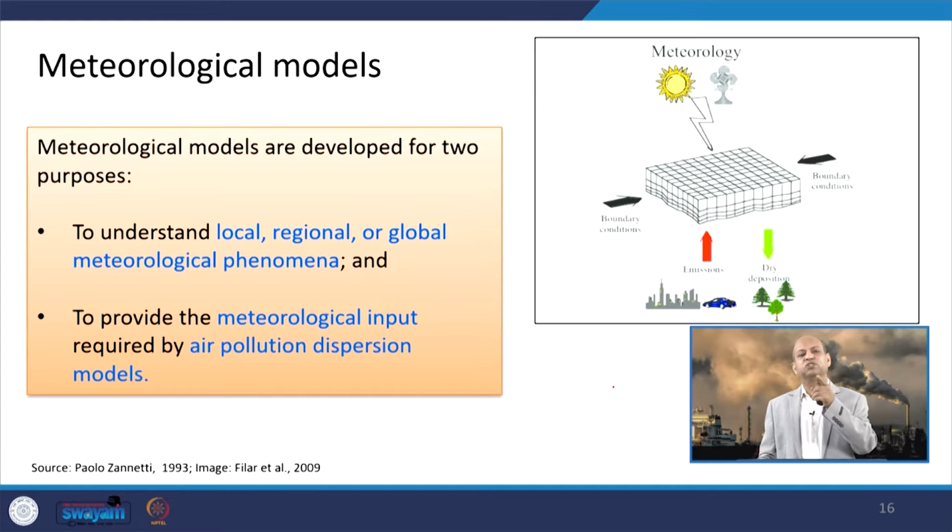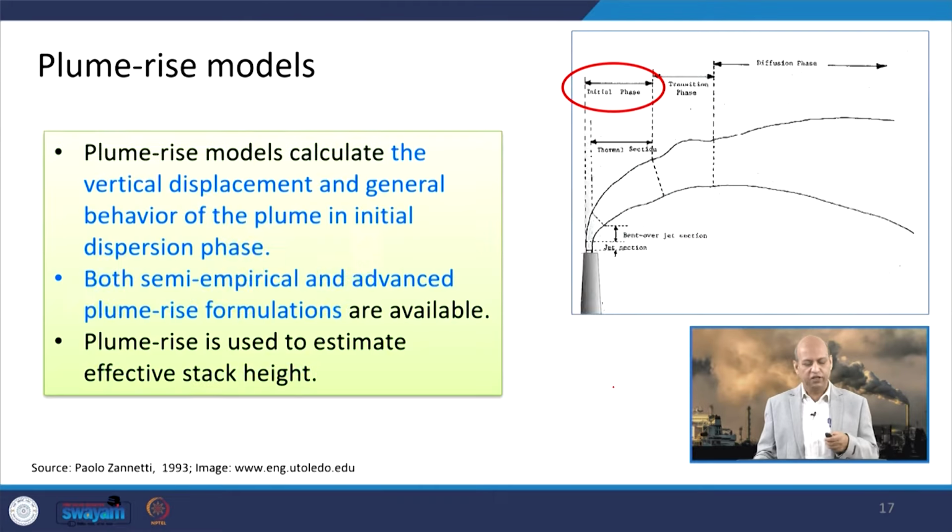You got my point: meteorological models will give us certain values of temperature or wind velocity, that will be the output of these meteorological models, but this will be the input for the air quality models, where we are aiming to estimate the concentrations by using these input values.